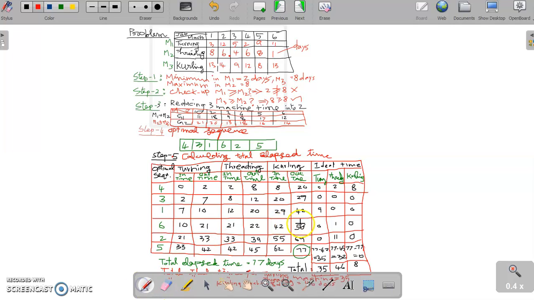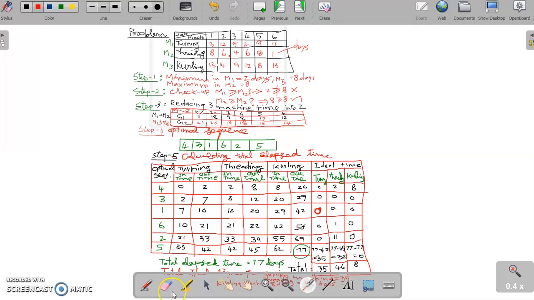Now, 11 days comes here, because 33, 22, 11 days it has to wait. So now, what we see here, 77 minus 42, 35 days it has to wait. 77 minus 45, and then 32, you add this, you get 46 days, and here 8 days.